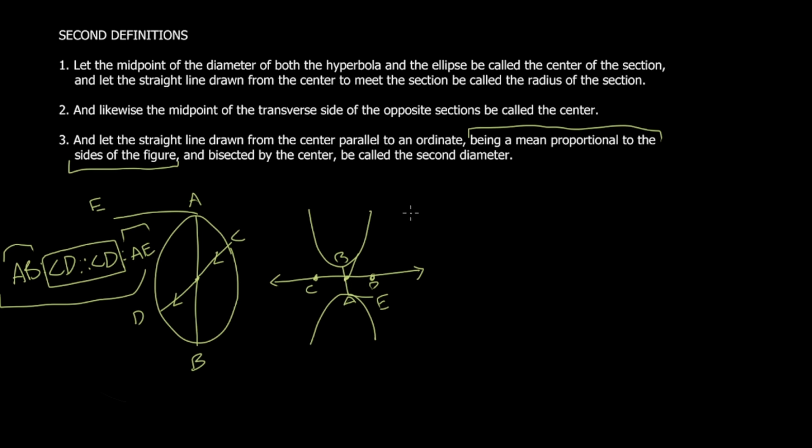And I think I know why it thinks that this is sort of already proven, because in Proposition 15, which was two propositions ago, we started with an ellipse, and we started with the diameter AB, and we constructed AE in this way, and then we proved that CD would be a conjugate diameter to AB.